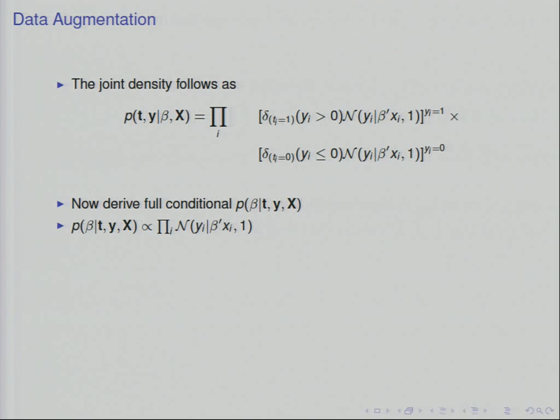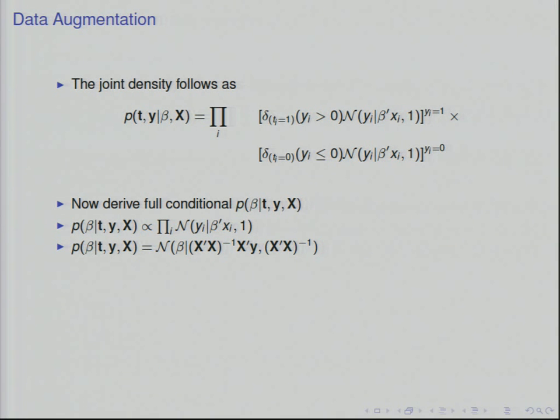That's proportional to that, and of course, if you were paying attention to Neil's talk, you would recognise this immediately as just the posterior for a multivariate Gaussian that has a likelihood in this form here. And this, of course, is just the least squares solution. And this, of course, is just the covariance of the least squares solution.